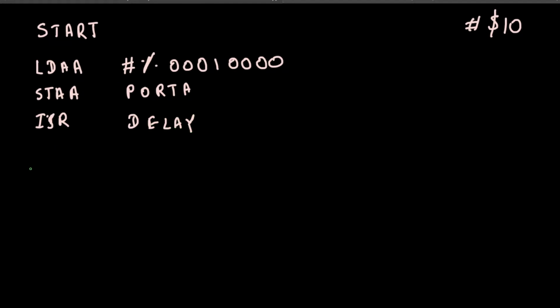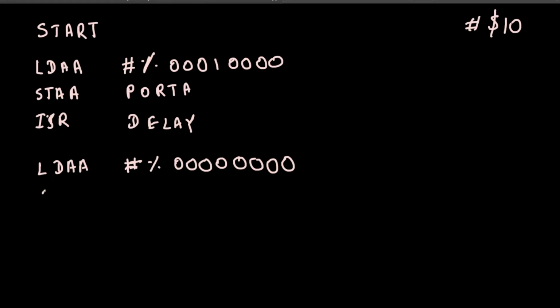Now for PA4 low, instead of 16 we put a 0. So load accumulator A with 0. I'm mentioning 8 bits here. In hexadecimal I put 2 digits because each digit represents 4 bits, so we only need 2 digits, but in binary we need 8 digits to represent the 8 bits.